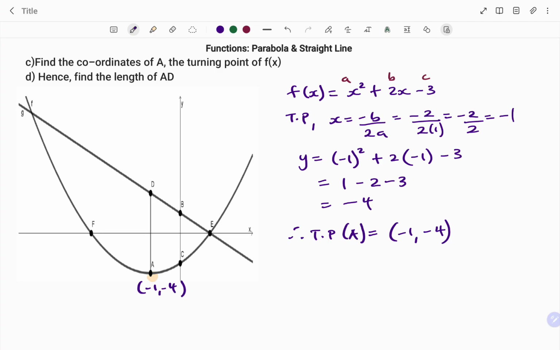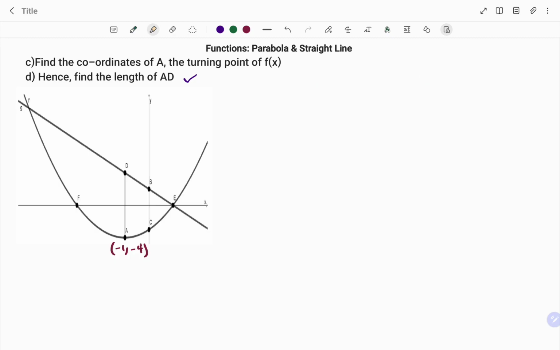The last but not the least, we have to find the length of AD. Note that the point D is on the same vertical line as your point A, so at D the value of x will also be -1 because they are collinear.